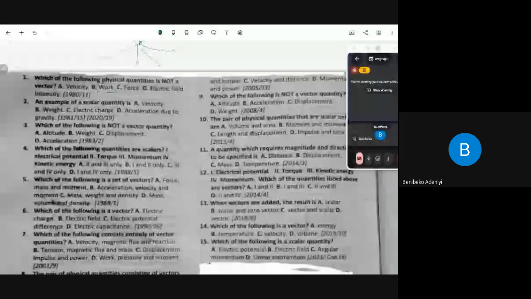Question 2: an example of a scalar quantity is dash. Velocity is not scalar. Electric charge is a fundamental quantity. Remember?